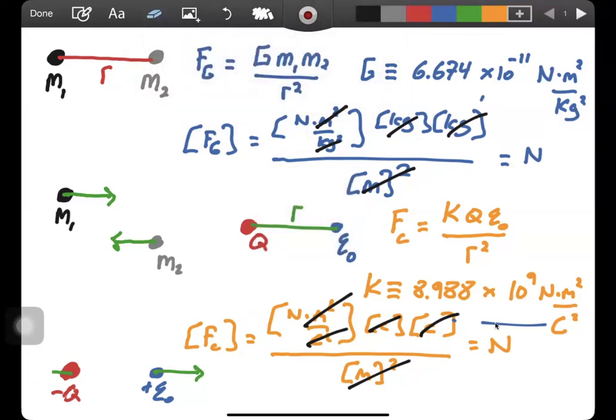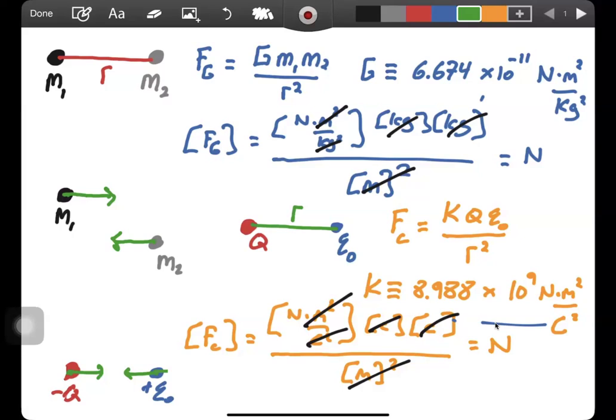So now what's going to happen is that the minus Q is going to be attracted towards the plus Q, so it's going to want to go in this direction. And meanwhile, the plus Q is going to be attracted towards the minus Q, and it's going to go that direction. Again, it's equal and opposite, but you see how sometimes with the Coulomb force, you have opposites attracting. And by the way, this could have been minus Q naught and plus Q, and you'd have the same thing. You'd have the opposites attracting.